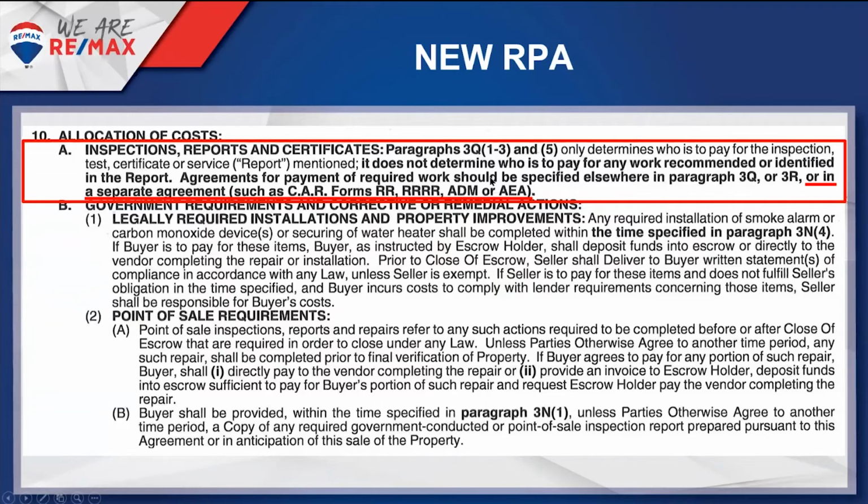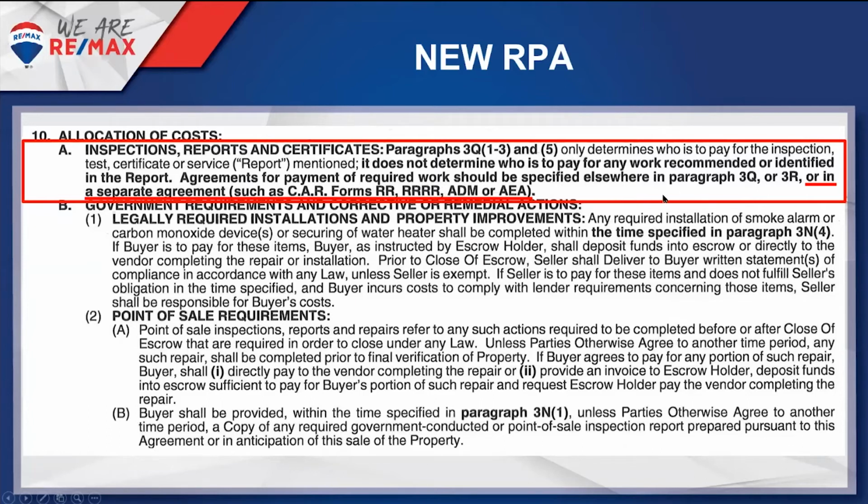They like the work to be agreed to in a separate agreement, an RR, an RRRR, or an addendum, or an AEA, which is a sort of counter offer type addendum. They prefer that, for example, the termite work be specified in RR, and then the seller can respond in RRRR.